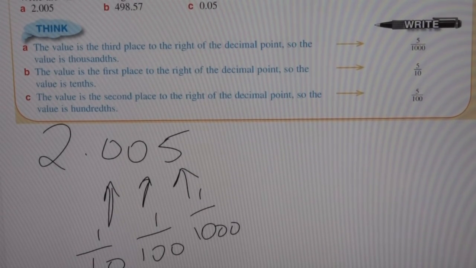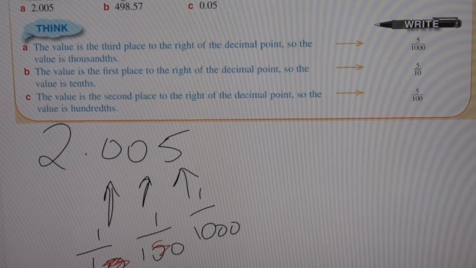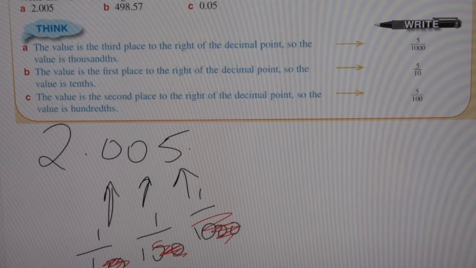If you've got first place, you've got 1 zero or tenths; second place, 2 zeros or hundredths; third position, 3 zeros. So the 5 in this case is in the third position, thousandths, and it represents 5 thousandths.